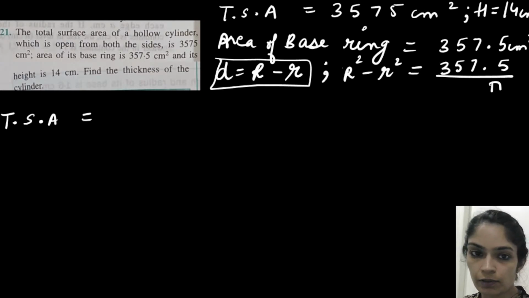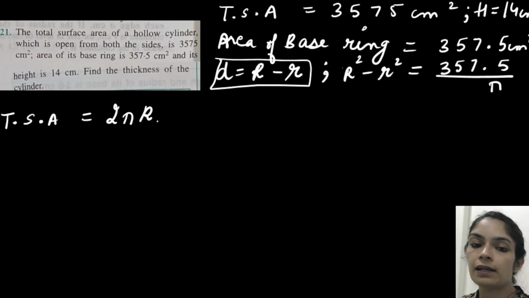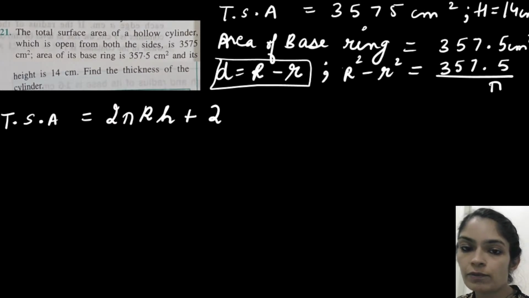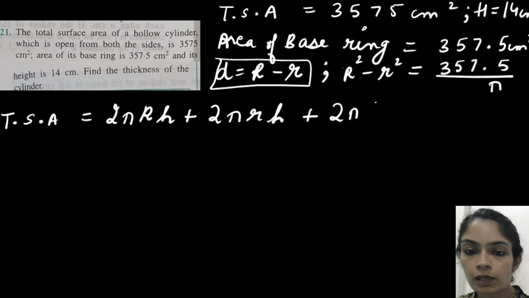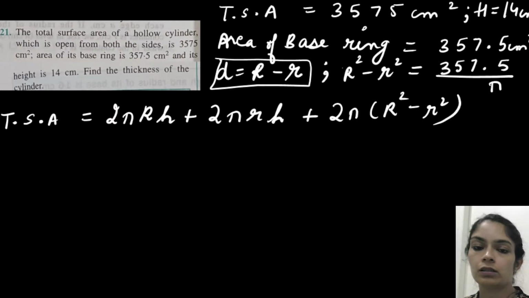Total surface area of hollow cylinder. I'll just start. You have to tell me external curved surface area, which is 2 pi capital R H, plus internal curved surface area, which is 2 pi small r h. See, too bad, no one has given the answer. Plus 2 pi times capital R square minus small r square.